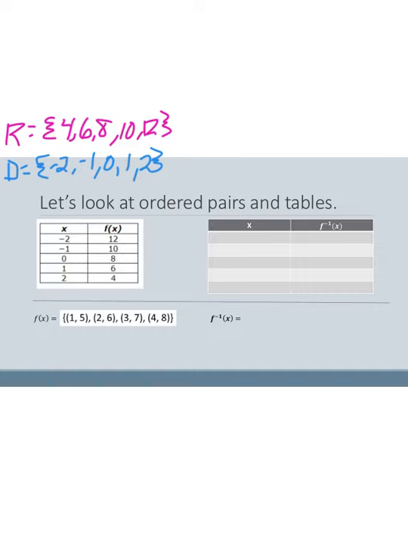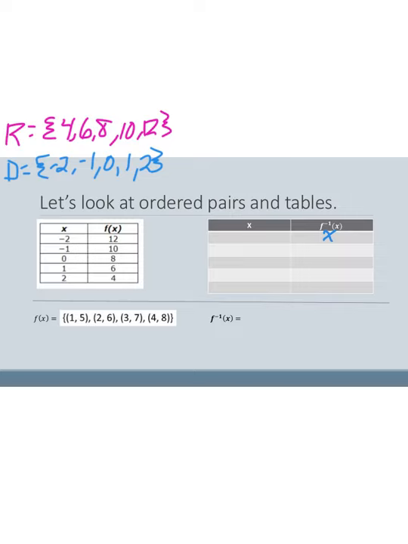So if I want to find the inverse, notice that f^-1 of x means the inverse of the f function. Well, this is the f function here. To get our inverse, we're going to switch these x and y columns. So I'm going to take my x values, and they go in the output, which is our y.